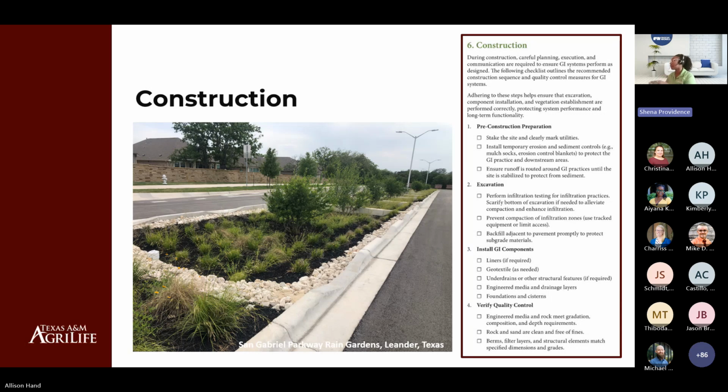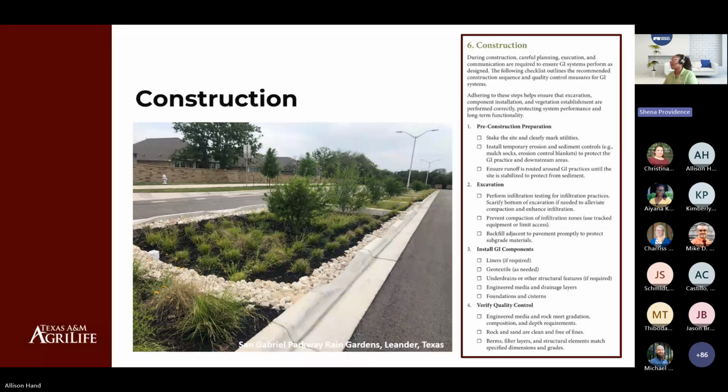And just a funny story here for this particular project, San Gabriel Parkway. One lesson learned here is the engineer and the consultant had to walk the contractor through this design, like physically hold their hand and walk them through this design, because oftentimes the contractors that are put on these types of projects don't really understand the design intent of these systems and how they're meant to function.